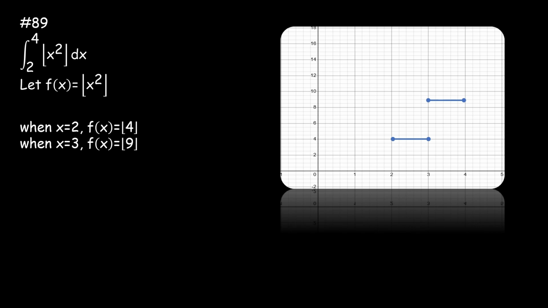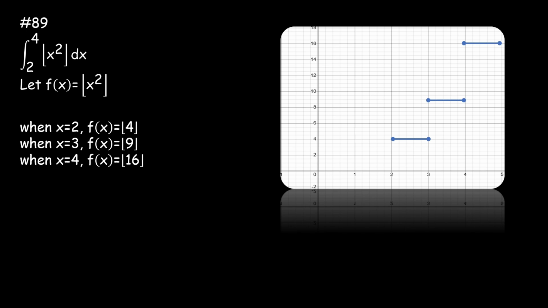Then you do the same thing again. When x is equal to 4, you have f of x being equal to 16. Let's say you take x equal to 4.1 and you square it. It will still give you a value that's close to 16. So the floor function of that value would still be 16.